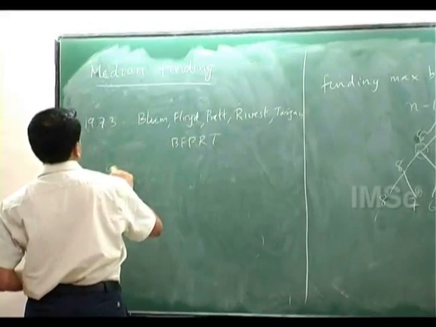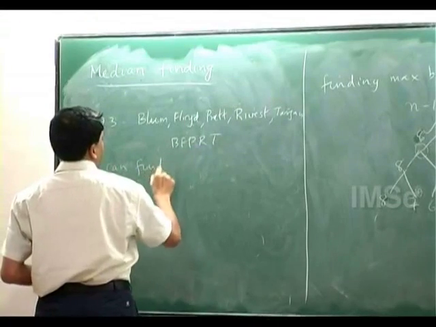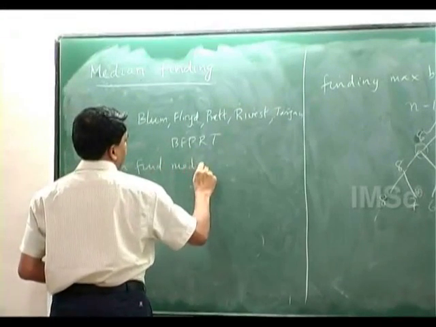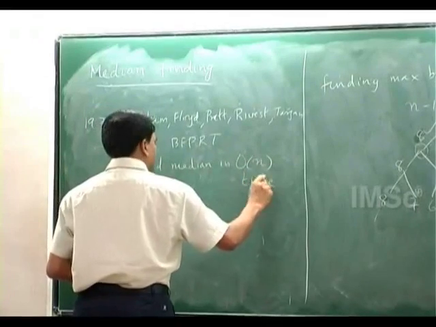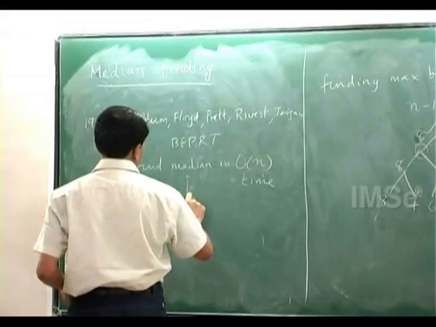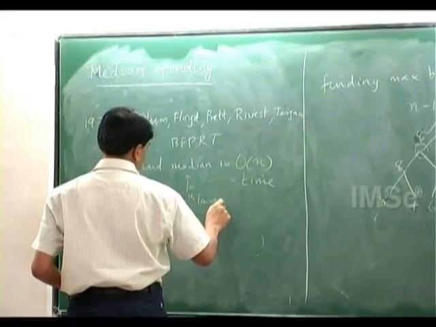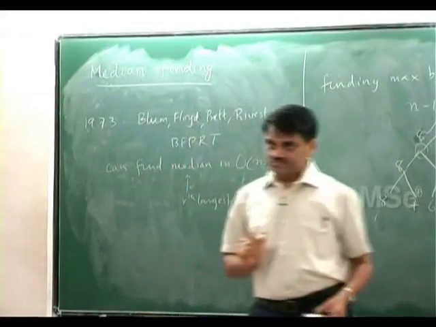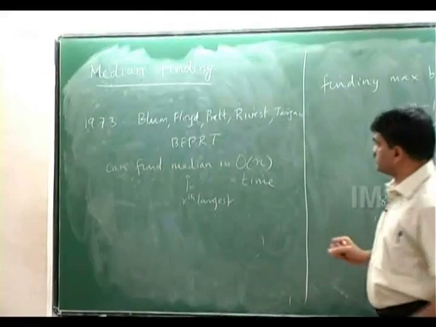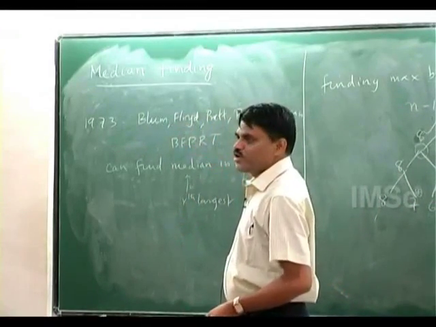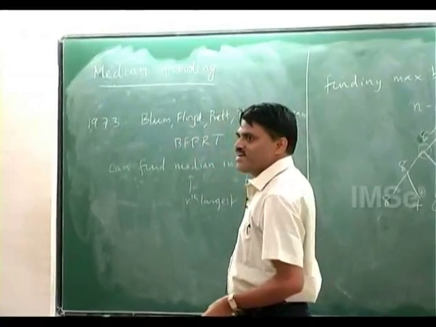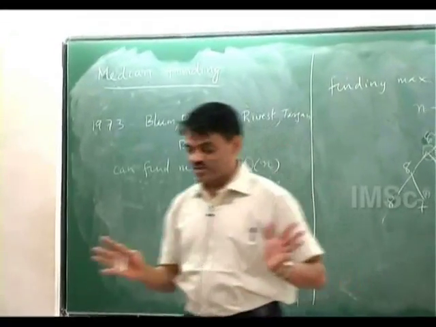They showed that you can find not just the median, any k largest for any k in order n time. We checked that except Pratt, all of them have won Turing Awards: Bloom, Floyd, Rivest, Tarjan. This is the highest award in computer science.